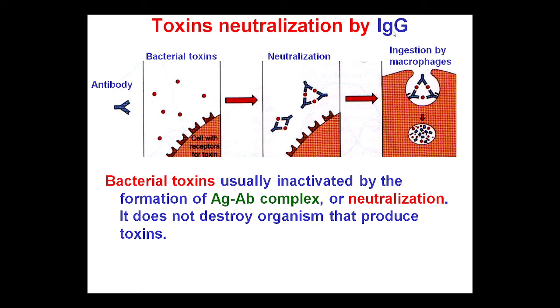Toxin neutralization test by immunoglobulin G. For example, this test is used in the laboratory diagnosis of botulism. You know that botulinic toxins are specific for receptors and bind to the receptors of nerve cells, causing relaxation of muscle cells because neurotransmitter is not released.